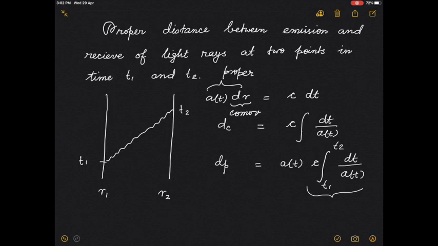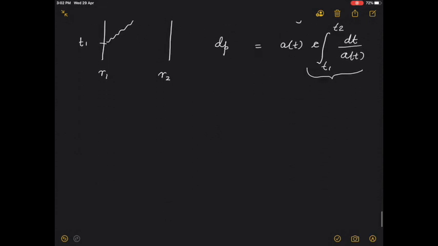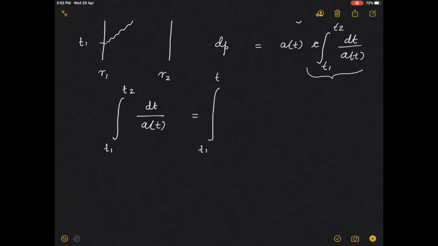Let us look at this integral a little bit and try to recast it in a different form. This will be very useful for us again and again. We are looking at this integral from t1 to t2 of dt by a. Remember, when you actually have to calculate the proper distance, you can measure redshifts.